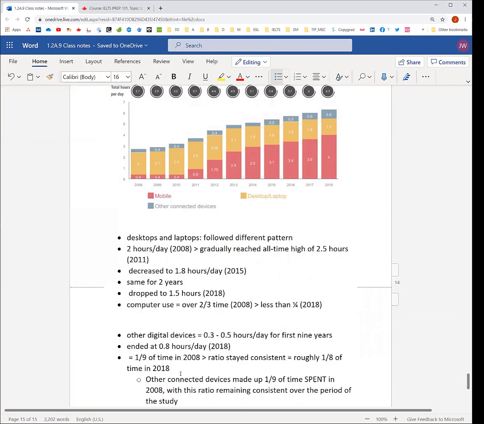Is this radio staying consistent? It's pronounced ratio. Like TI is often pronounced sh, like TION is shun, so this is ratio. Ratio. Okay, ratio, staying consistent over the period of the study. Over the period of the study, roughly 1/8.